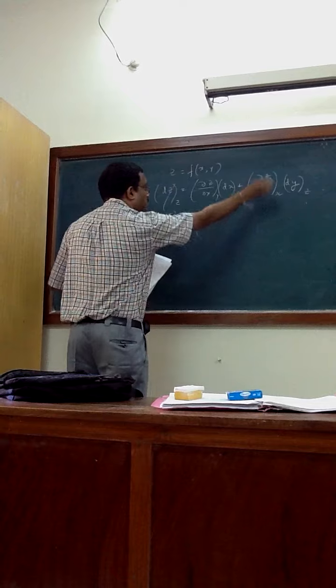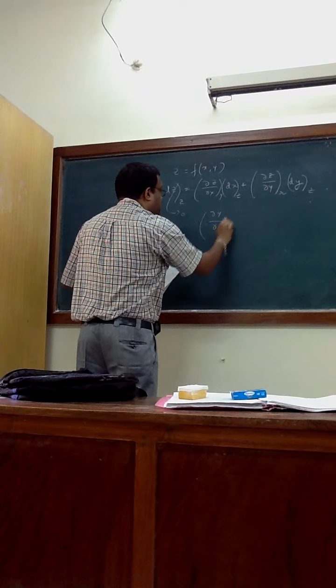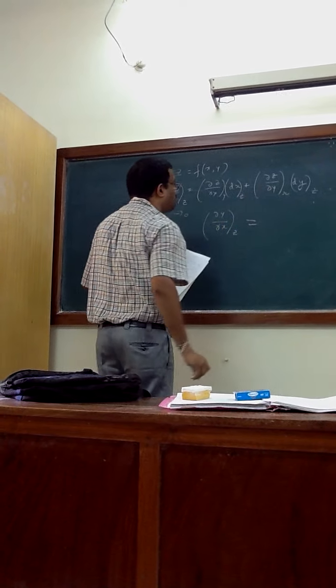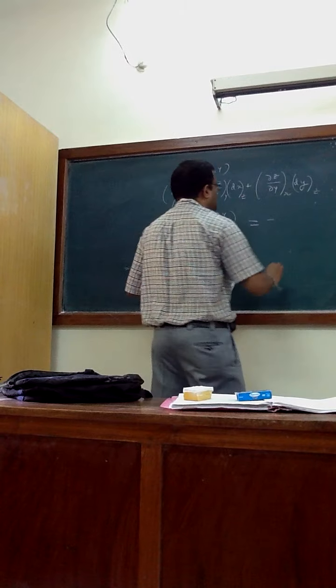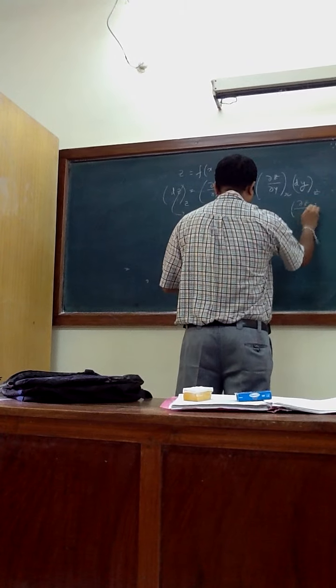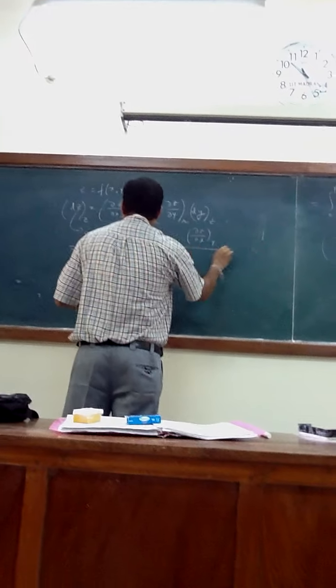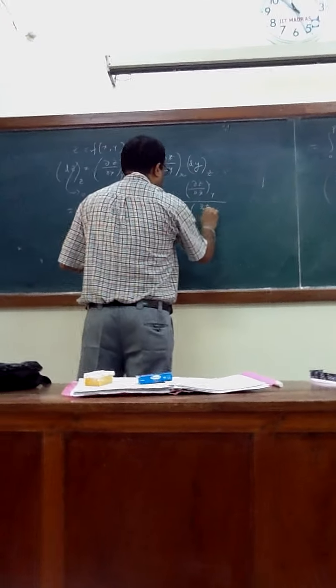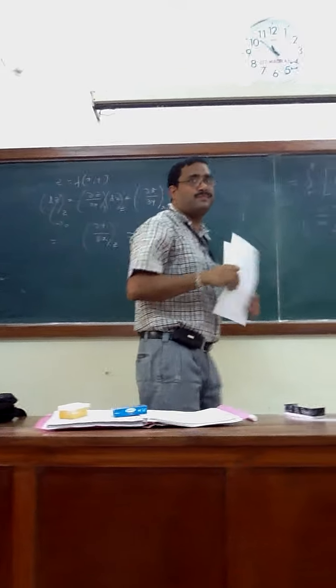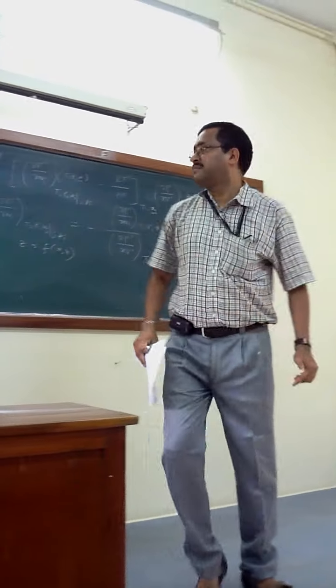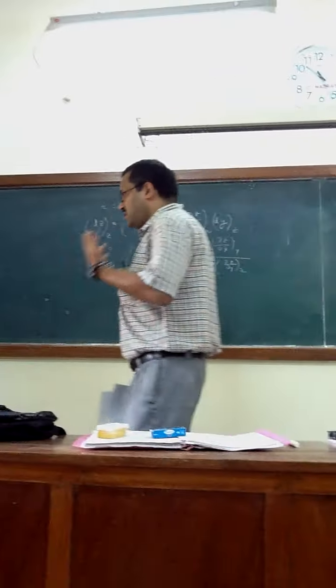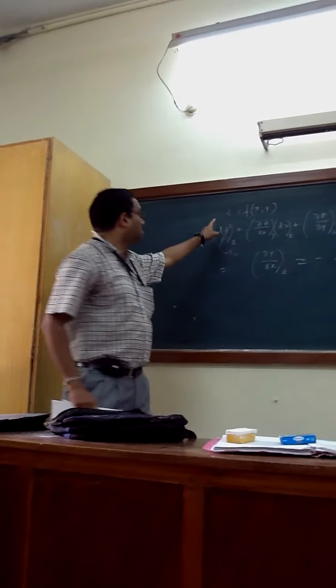It will go to ∂y/∂x at constant z equals minus (∂z/∂x at constant y) over (∂z/∂y at constant x). That's the derivation, for only two variables here.